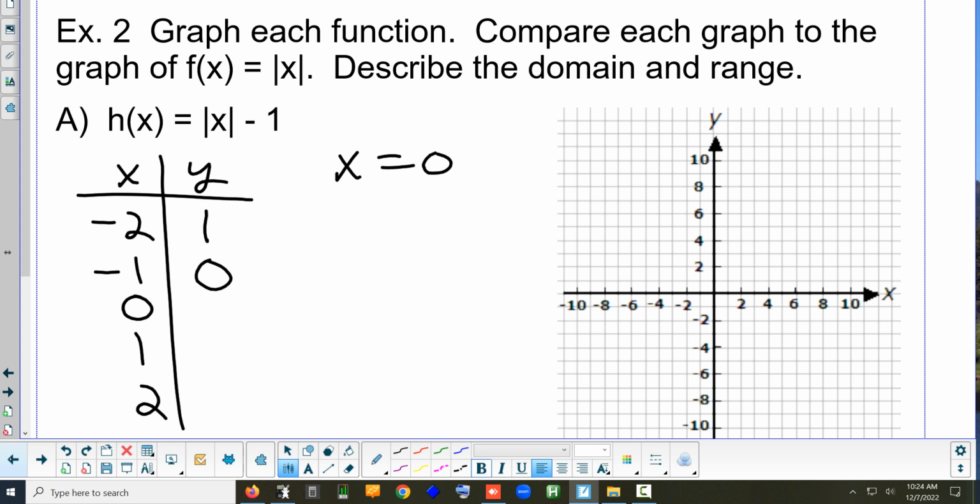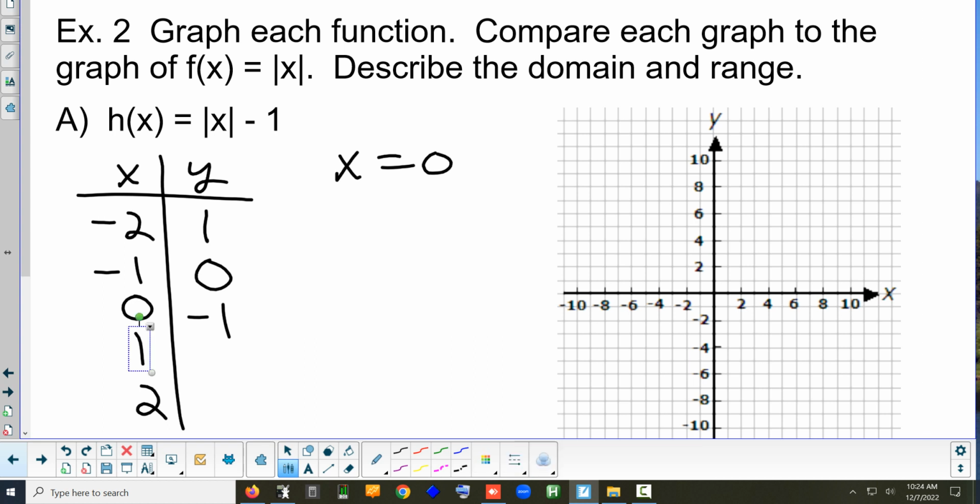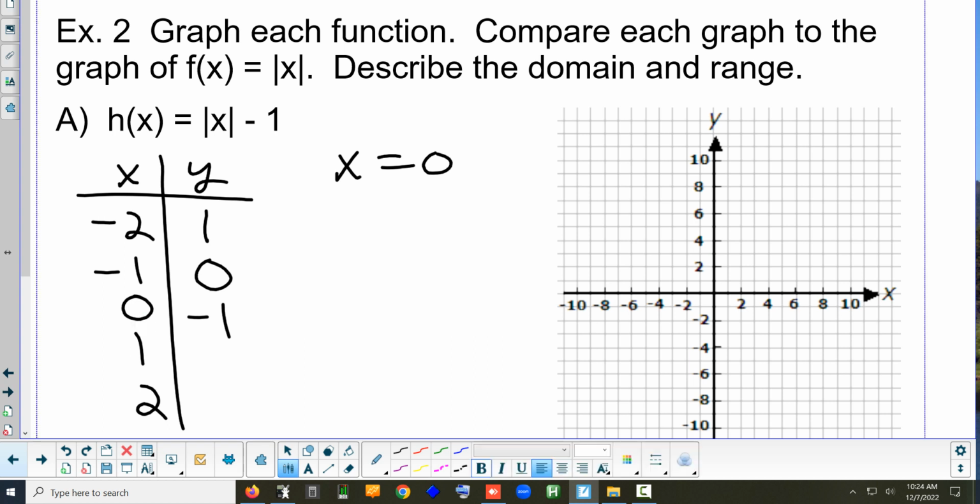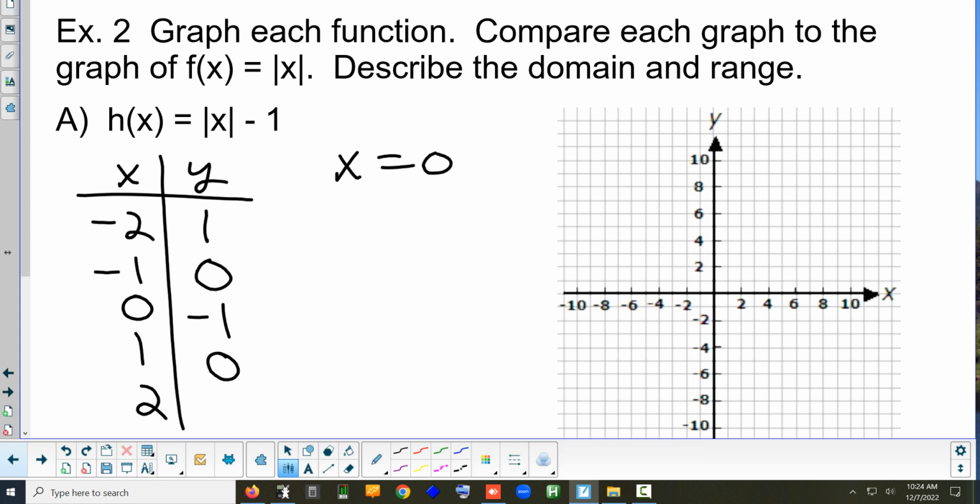Brady, what's the absolute value of 0? -1? Good. -1. Natalie, what's the absolute value of 1? 1. -1? 0. 0. And we already know the last one is going to be what based on our pattern? 1. It's going to be the same as the first one. These two match, these two match. If you do it the way I'm showing.